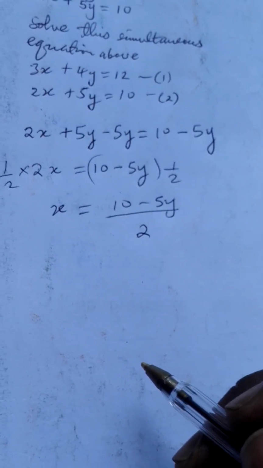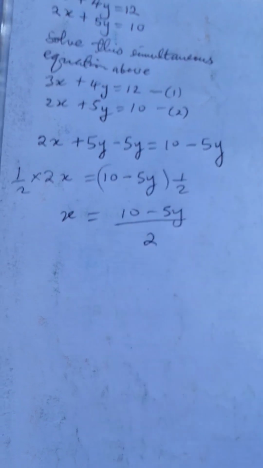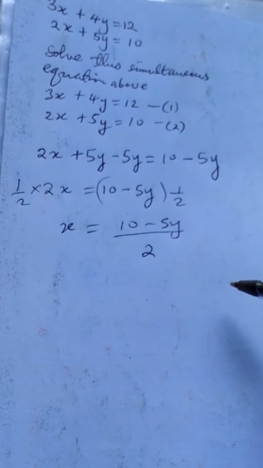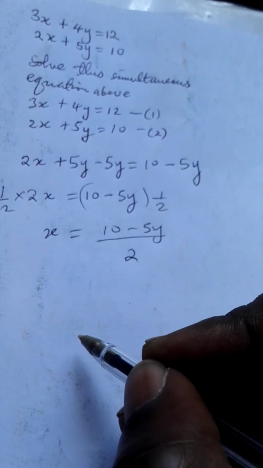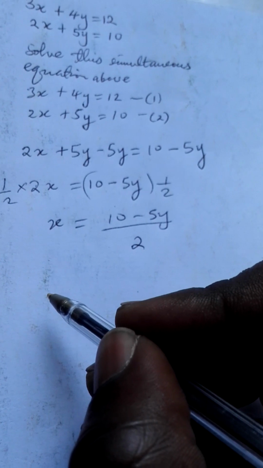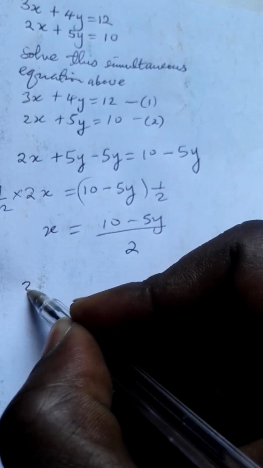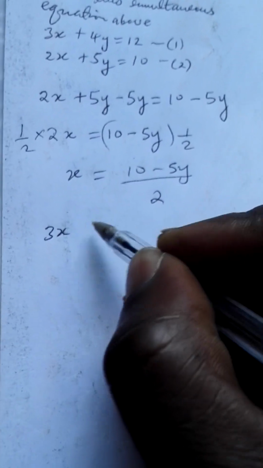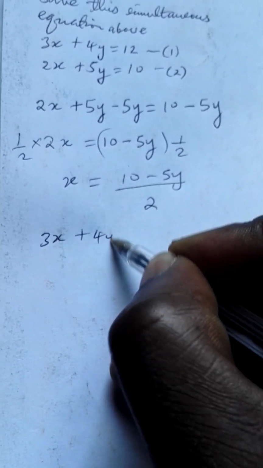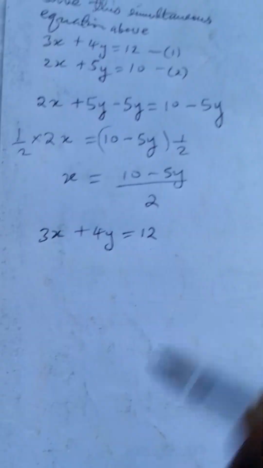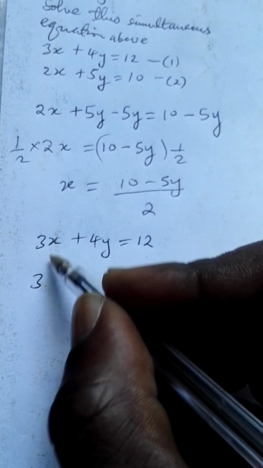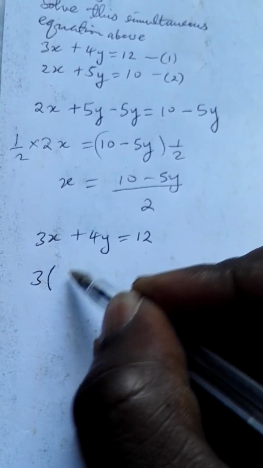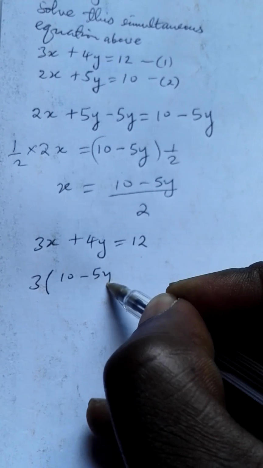Now, we need to go back to the two equations, equation 1 and 2. Since we used equation 2, we are now going to use equation 1 to substitute this expression where there is x. So equation 1 is 3x plus 4y equals 12. Now we're going to substitute where there is x: 3 in brackets 10 minus 5y.